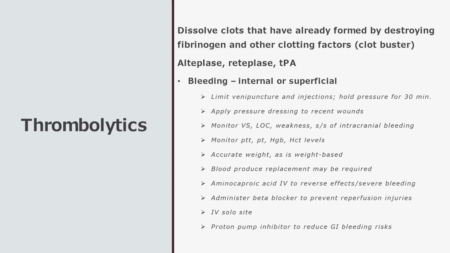They may be required to have a blood product replacement, so make sure that we have a type and screen on file before we start. And if we have any signs or symptoms of bleeding, then we can administer aminocaproic acid to reverse the effects.